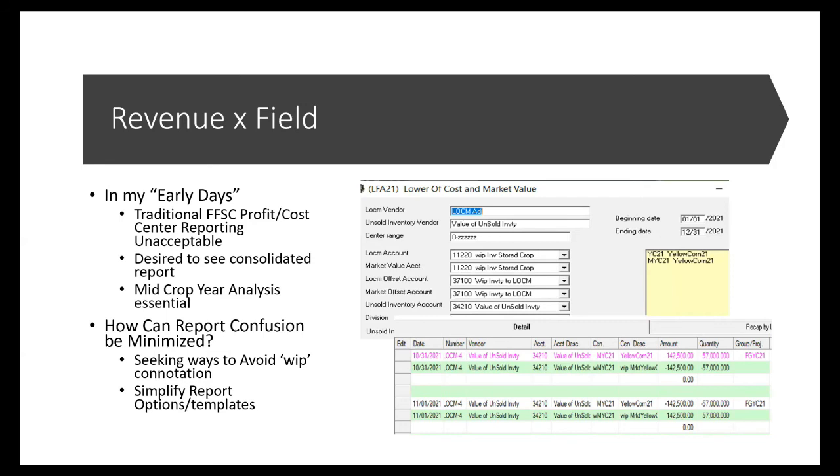And basically that's just a monthly entry that's put in at the end of the month. It just reports the value of that inventory at the project level. The lower cost entry that we showed earlier only affects the center level or the WIP level, but this entry affects the project level.